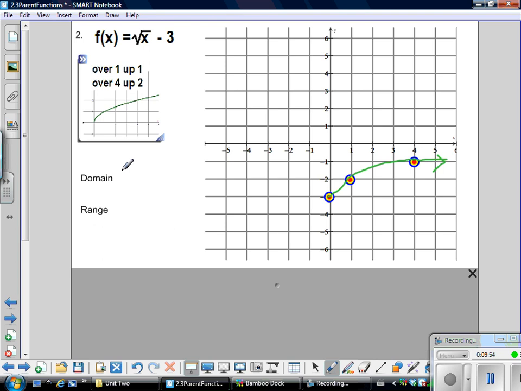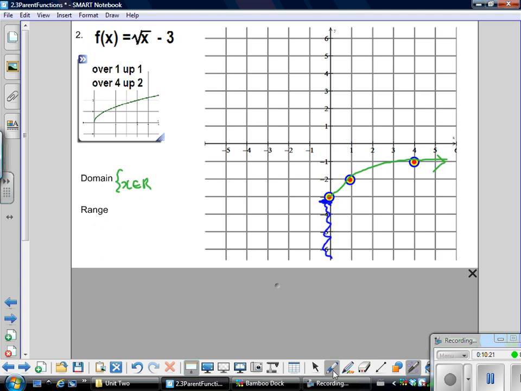So our domain this time, again, is x is in the set of real numbers, but let's take a closer look at it. You can see that in this question, x can never be anything in the negative zone. So it's got to be 0 or higher. And also, if we look at the range, we can see that it stops here at -3 and never goes below that.